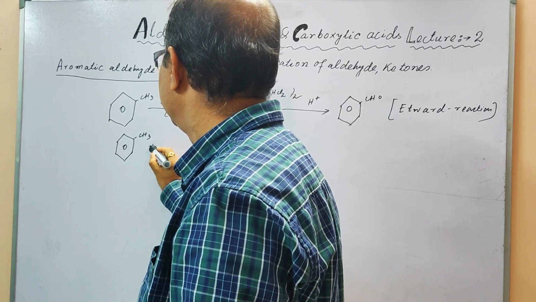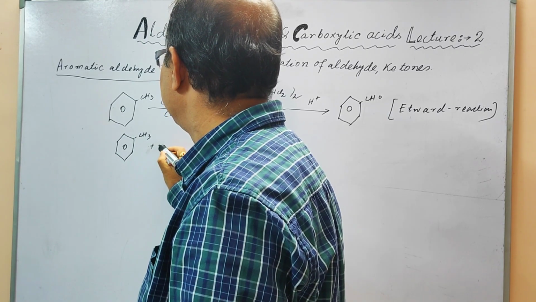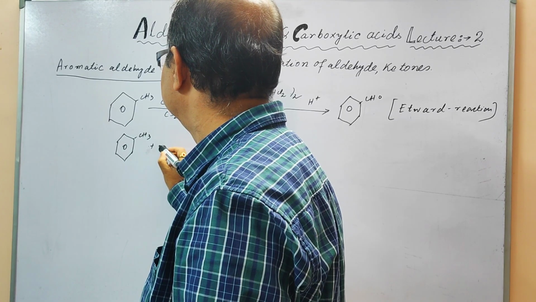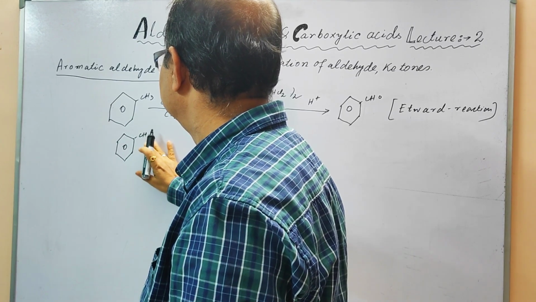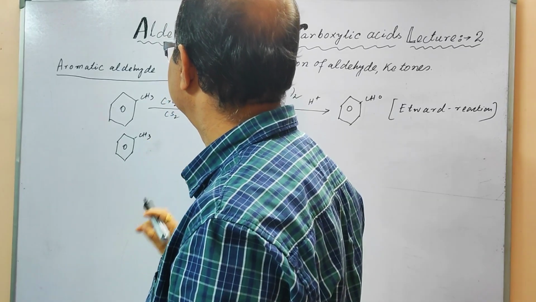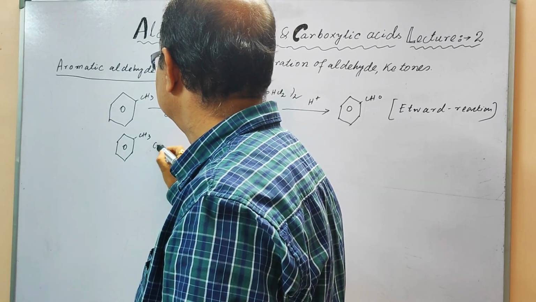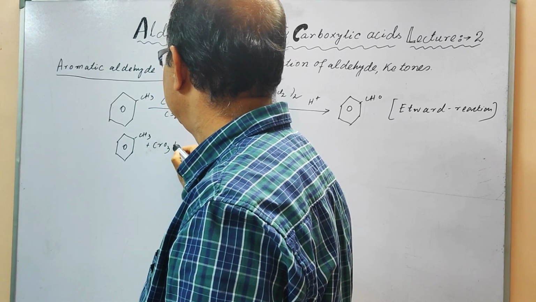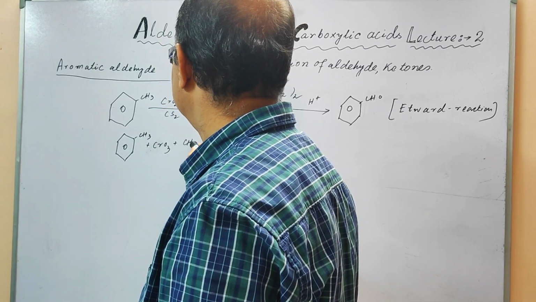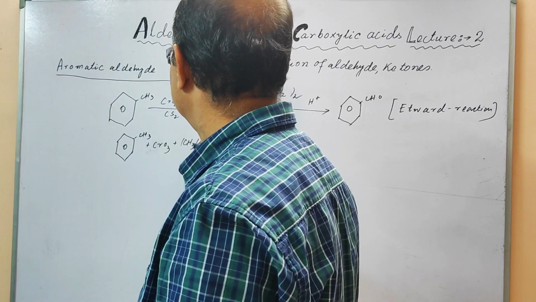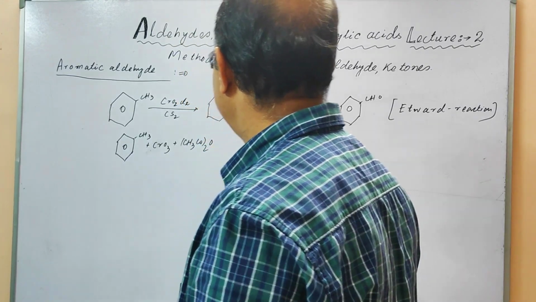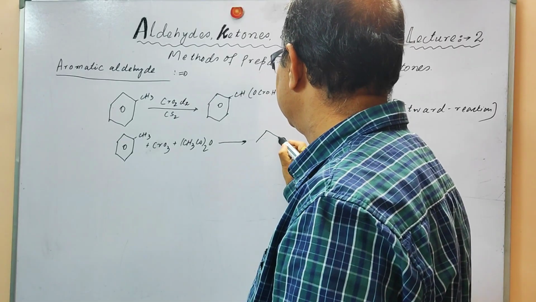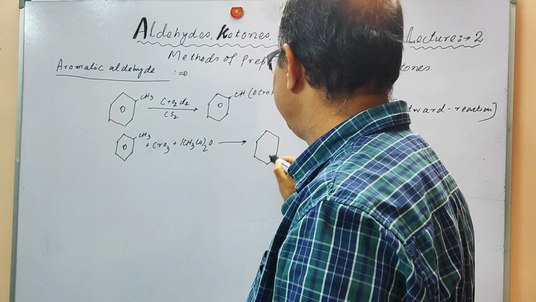Toluene, CH3, with CrO3 plus acetic anhydride, is going to produce an intermediate.